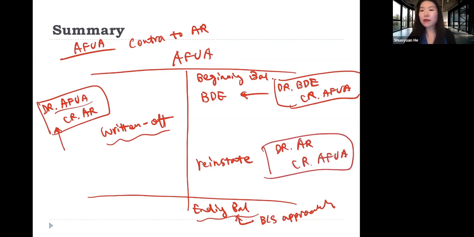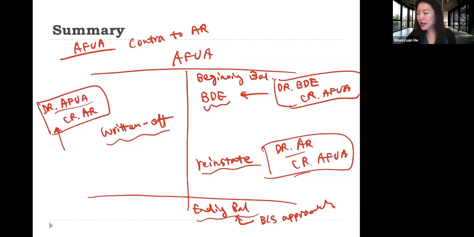And then the firm debits cash, credits account receivable. This is what the firm needs to do when some written-off account receivable turned out to be collected again. The firm reinstates those balances, and it will increase the allowance for uncollectible account balance again.